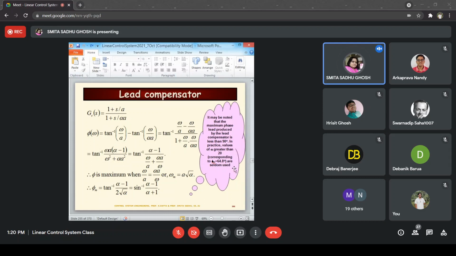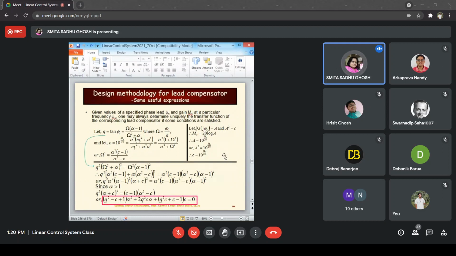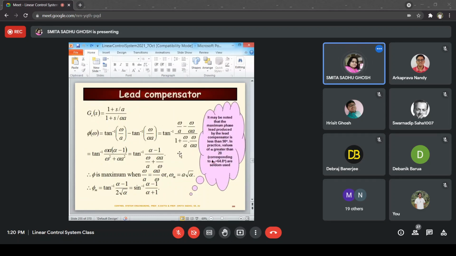If we say that the required phase from the compensator is phi c, and tan of phi c is equal to q, then, that step is not exactly written over here, what would we get? Tan of phi c is equal to basically this, in whichever form, this one or this one.